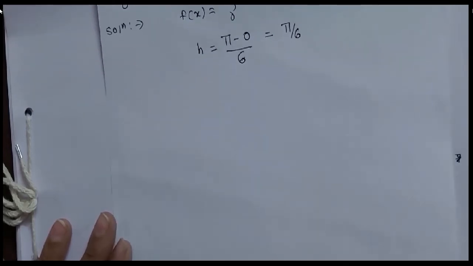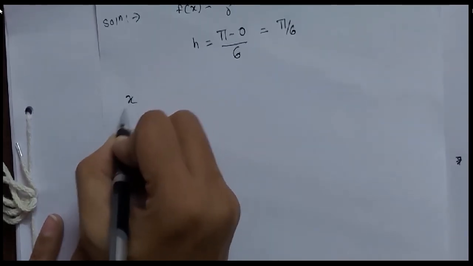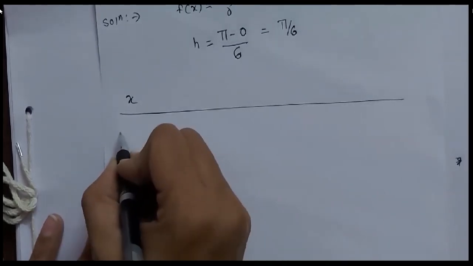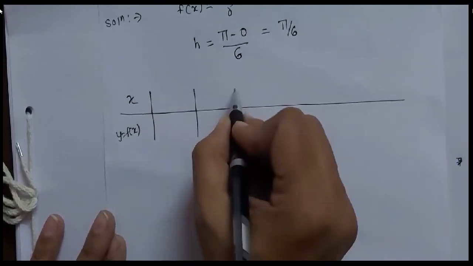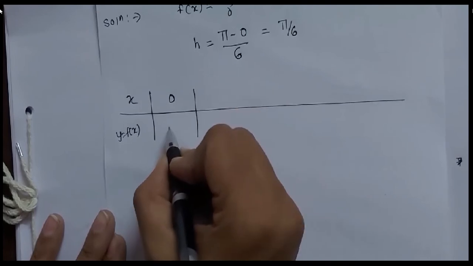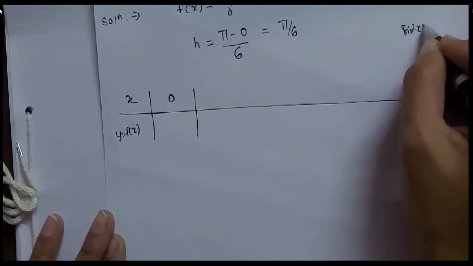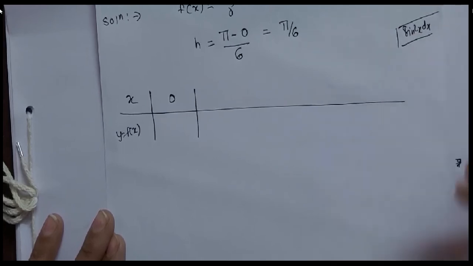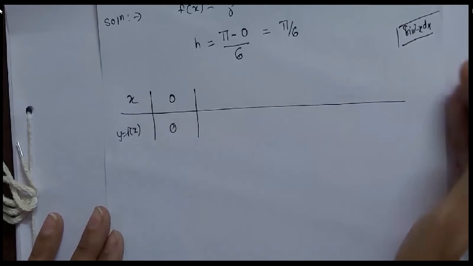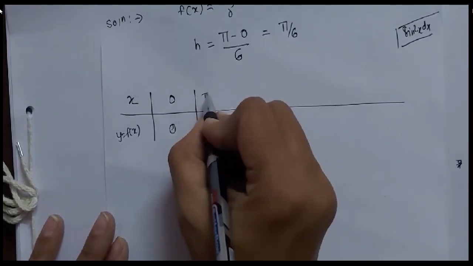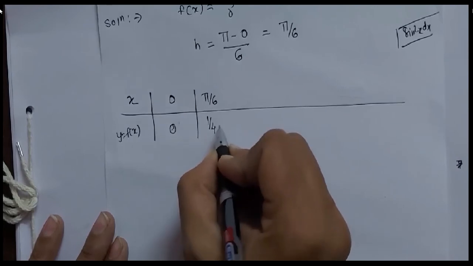Now we need to draw the table. x, and here we can write y is equal to f of x. When x is 0, our function is sine square x. In place of x we are going to put 0. When we put 0, we get answer also 0. When we put pi by 6, it is coming out to be 1 by 4.